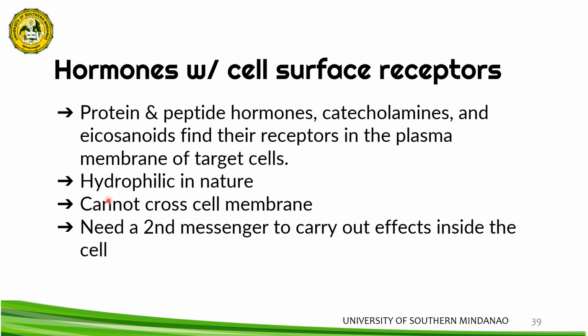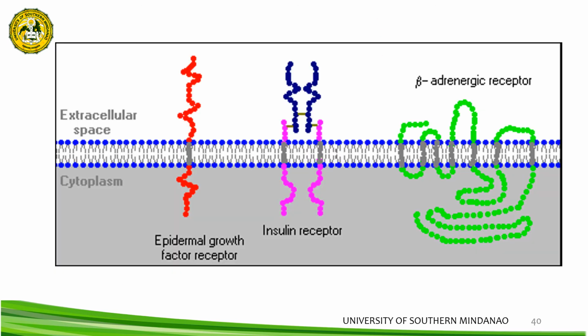Because they cannot enter the cell readily, they need a second messenger to carry out effects inside the cell. And this mechanism, whereby the hormone utilizes a second messenger in order to carry out its effect, is known as the signal transduction pathway. So this diagram shows the specific examples of the cell surface receptors.